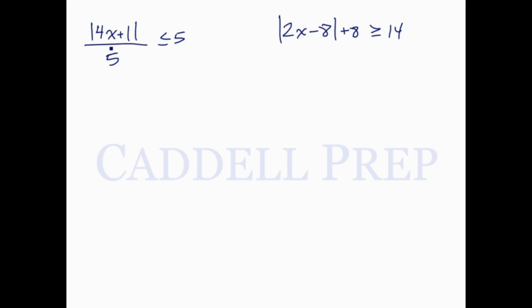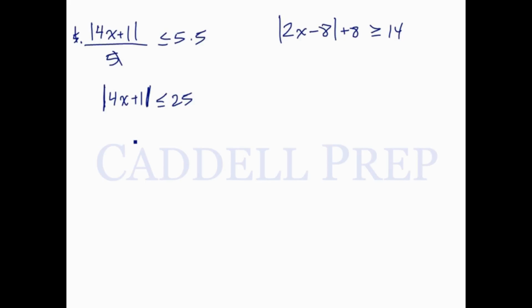Okay, let's look at these two. So let's first get this absolute value by itself. So let's multiply both sides by 5. So now I have the absolute value of 4x plus 1 is less than or equal to 25. And this is also absolute value bars. So now since I have this solved for the absolute value by itself, look at this, and this tells me it's going to be a conjunction.